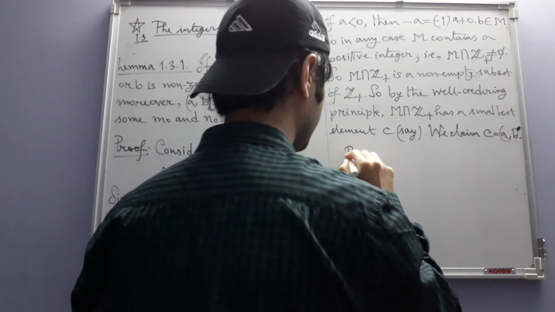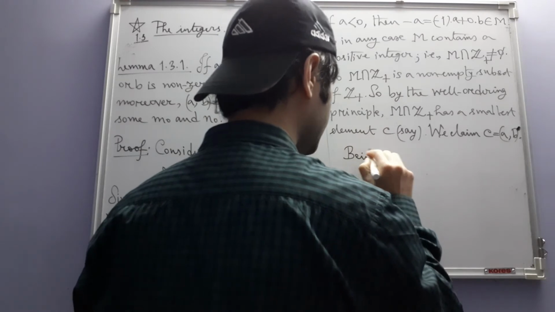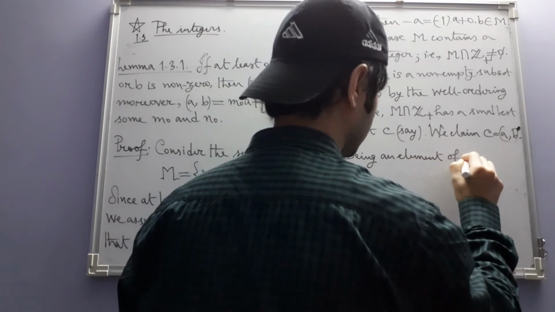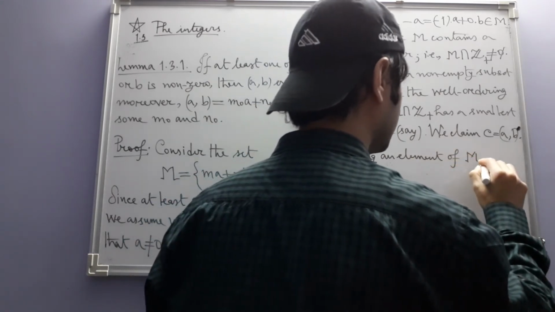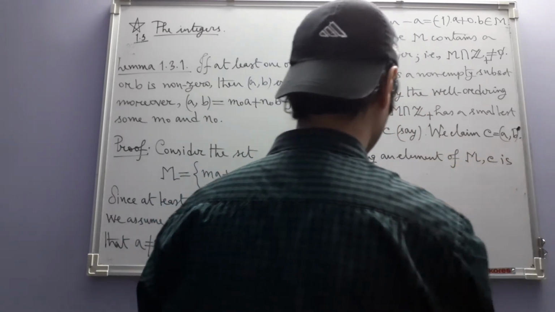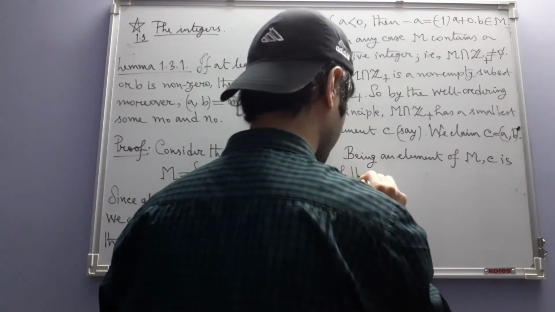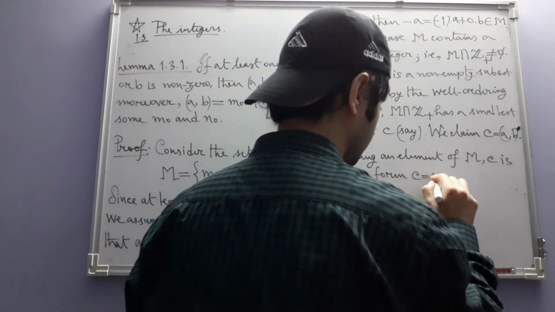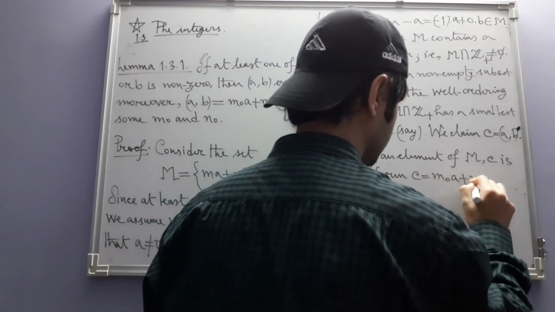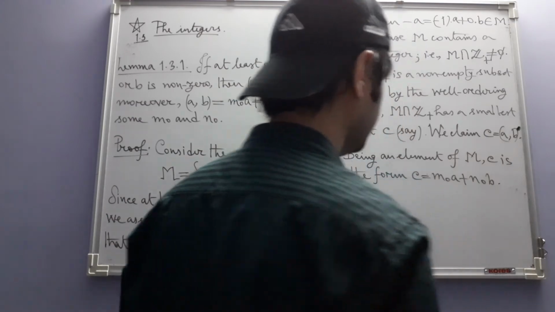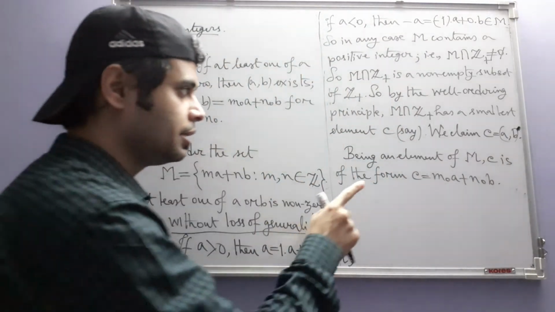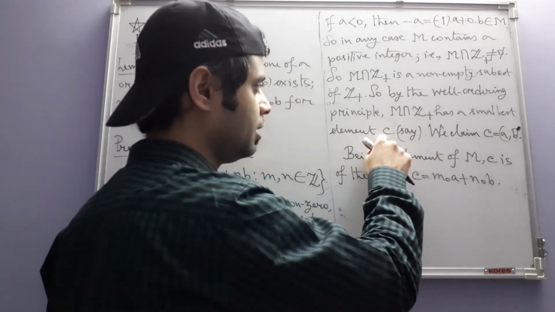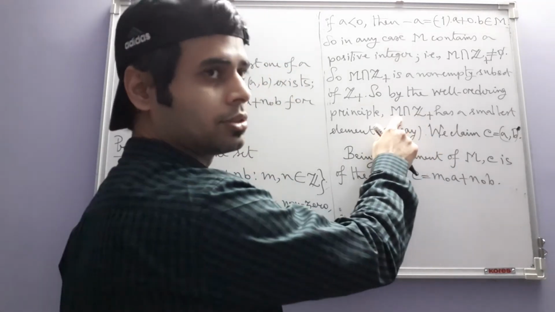Now, C, being an element of M, is of the form C is equal to M naught A plus N naught B. Note that because C is the smallest element of M intersection Z plus, C in particular belongs to M also.